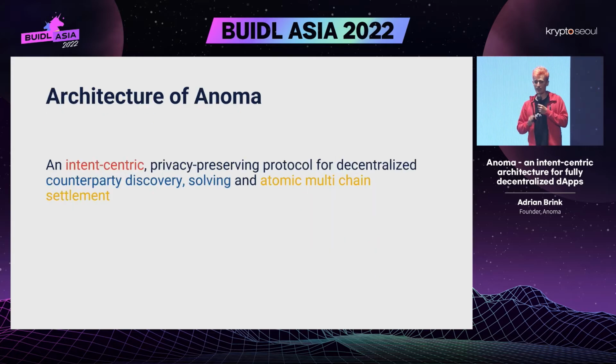In a nutshell, it's an intent-centric, privacy-preserving protocol for decentralized counterparty discovery, distributed solving, and atomic multi-chain settlement. I'm not going to go through all these words in the next couple of minutes. I'll focus on intent-centric and the privacy-preserving part as well as the counterparty. But atomic multi-chain settlement is a whole other beast.